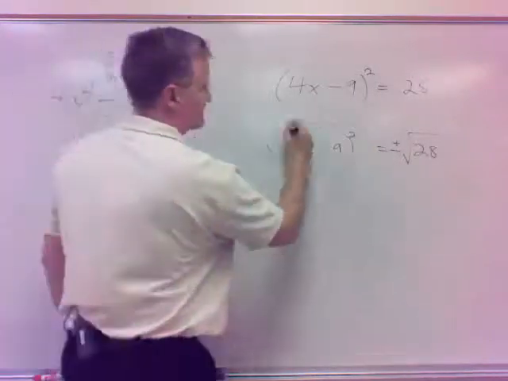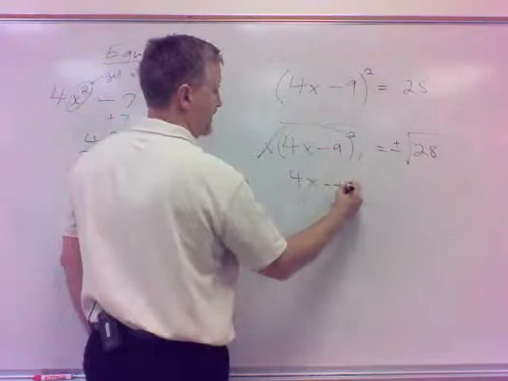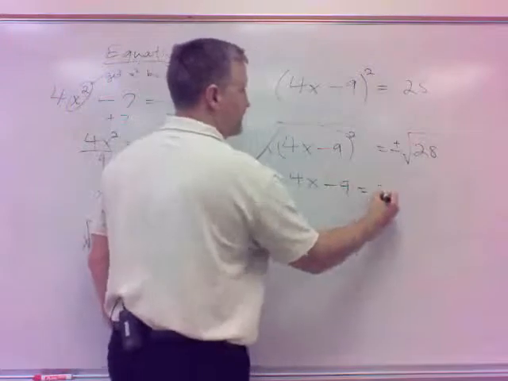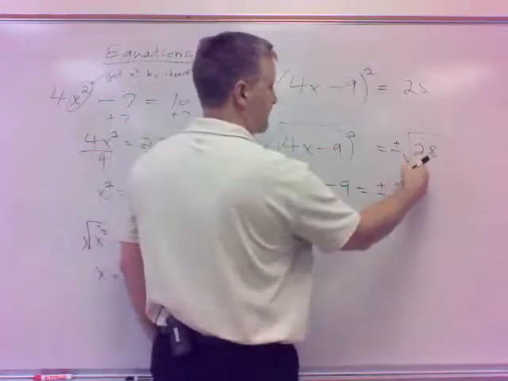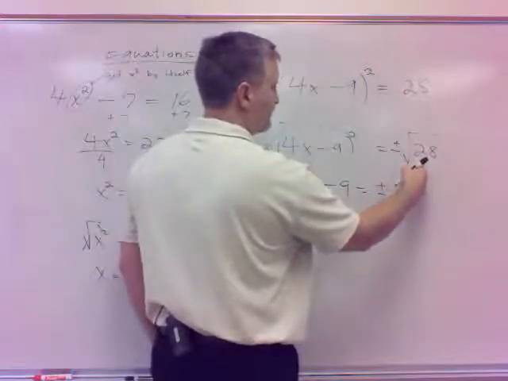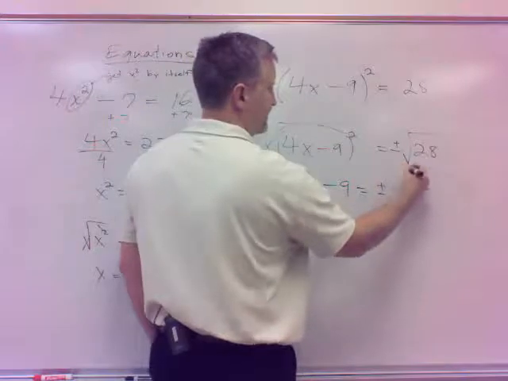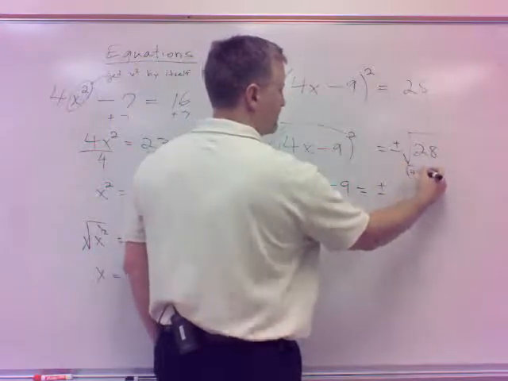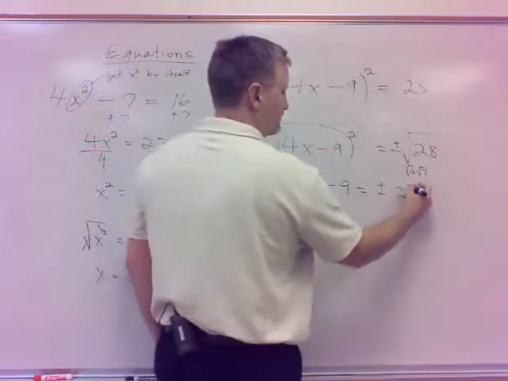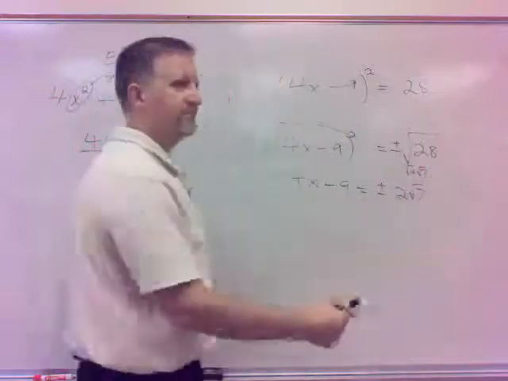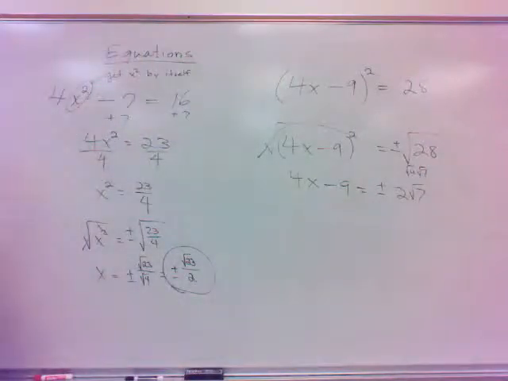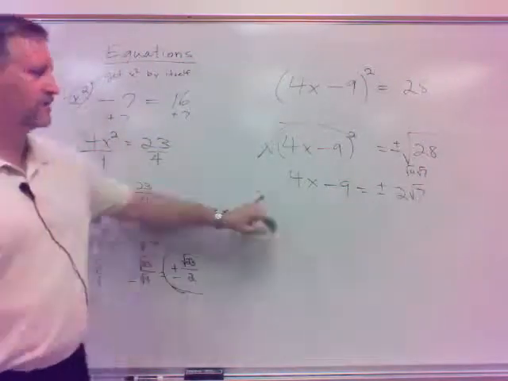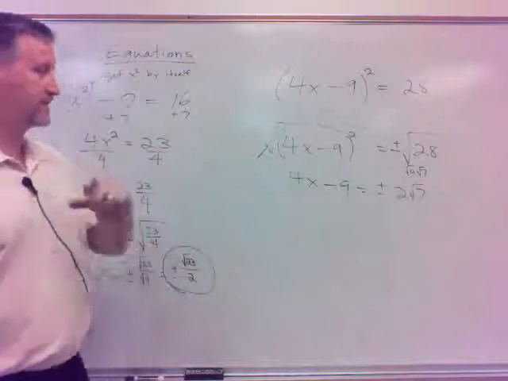Now what happens is that and that cancels, so I have 4x minus 9 equals plus or minus, and that does turn out to be something simplified. Break down 28 is 4 times 7, so I get 2 square root of 7. And then all I have to do is solve for my x.